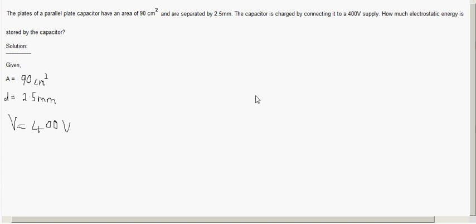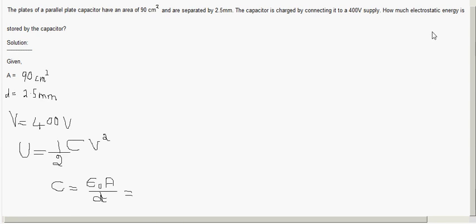Now the energy stored in the capacitor U is given by half CV square. So first find out C. C is, we know, epsilon naught A by d. Substitute this.